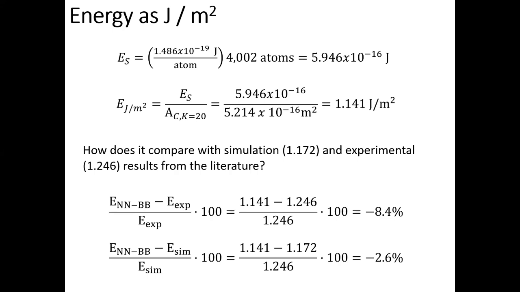But it's within 1.5 or 1.4 or something like that. It's still close. I mean, within an order of magnitude for such a simple approximation. Anyway, in terms of the experimental, we were off by about 8%. And in terms of the simulation, we were only off by about 2.6%. So that's not bad. Let's see how this looks.